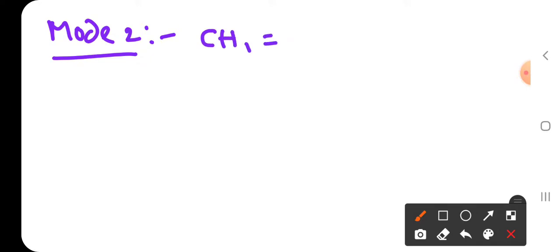Next, mode 2. In mode 2, CH1 is turned off. When CH1 is off, D1 automatically becomes forward biased. Then how does the current flow?